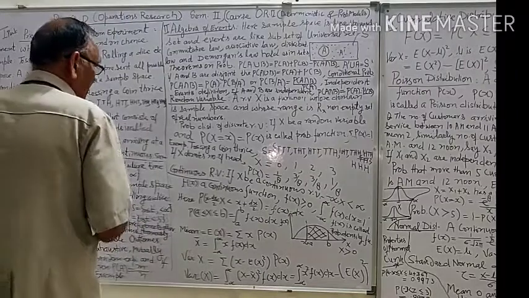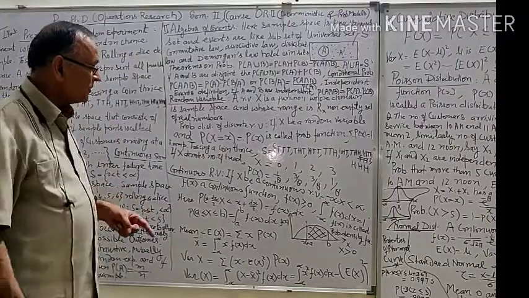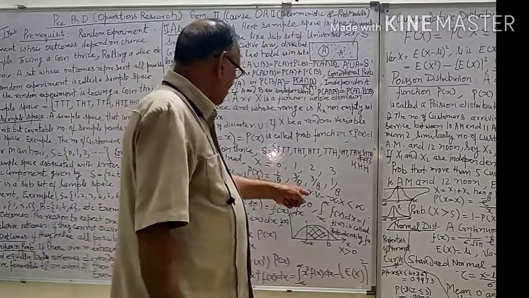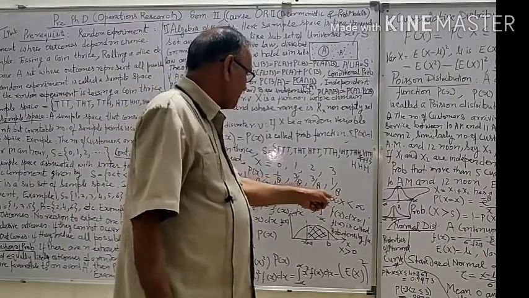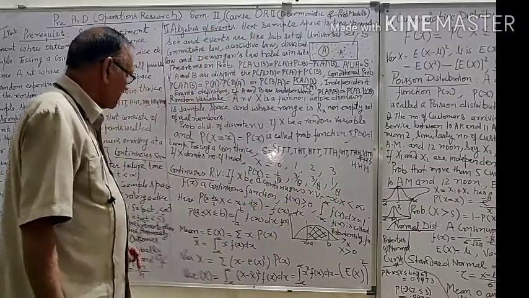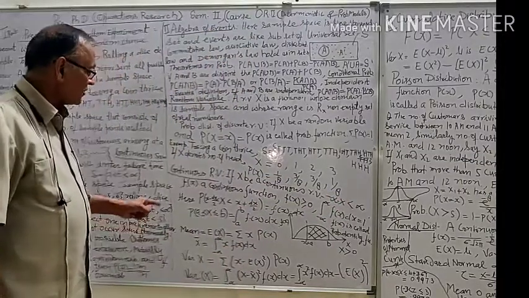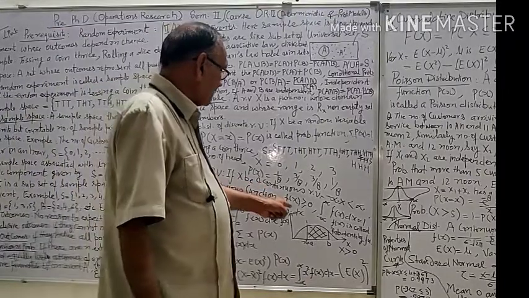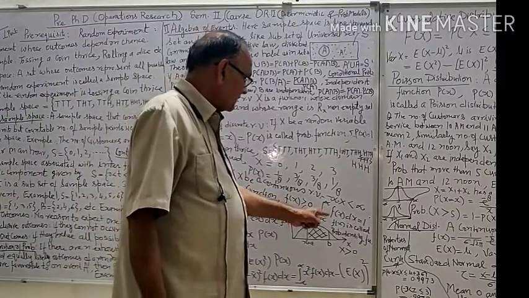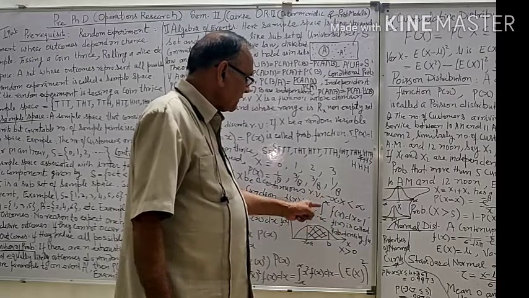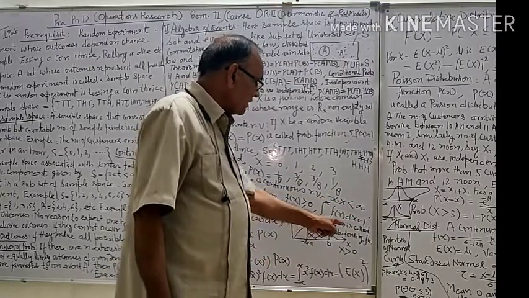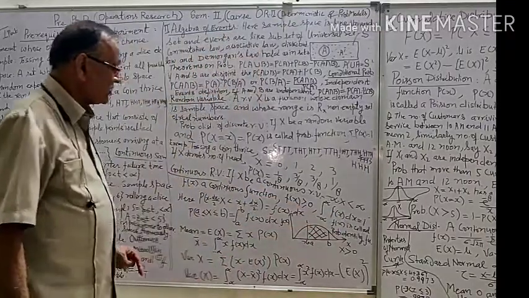Now continuous random variable. If x be a continuous random variable and x is less than infinity, greater than minus infinity, then a continuous function fx, where fx is greater than or equal to 0, and the integral value minus infinity to plus infinity fx dx is equal to 1 is called a probability density function.